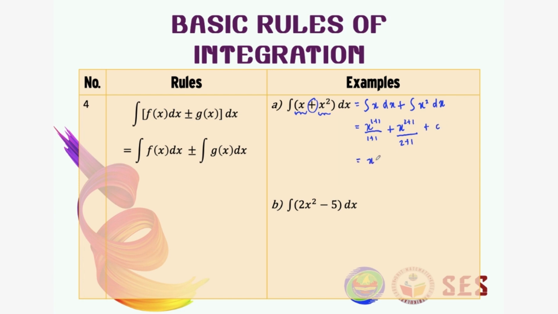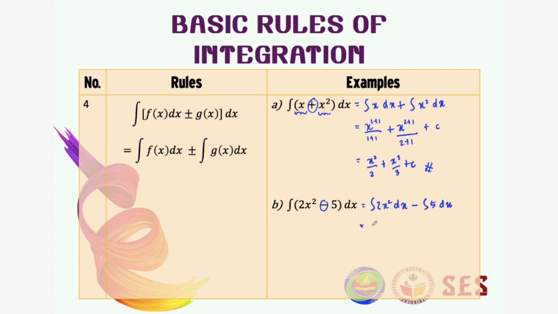So we should get x to the power of 2 divided by 2 plus x to the power of 3 divided by 3 plus our c. Okay, so let's try one more example. So we have this first function minus the second function, so we can separate them. We can write it as this one.